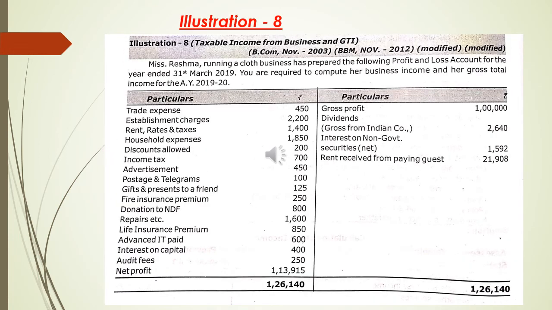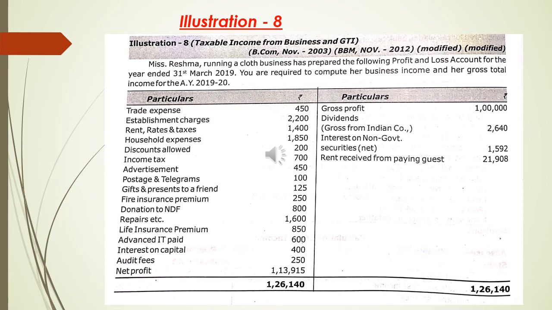Look at this question. The assessee is running a cloth merchant business and the profit and loss account for the year ending 31st March 2019 is given. We are supposed to calculate her gross total income. Gross total income means total of 5 heads of incomes.